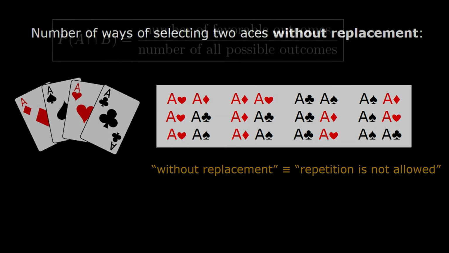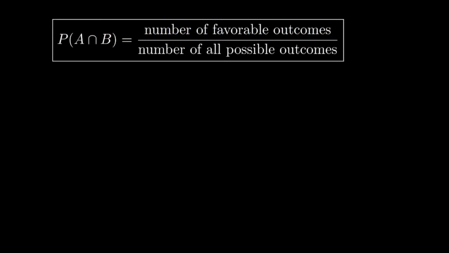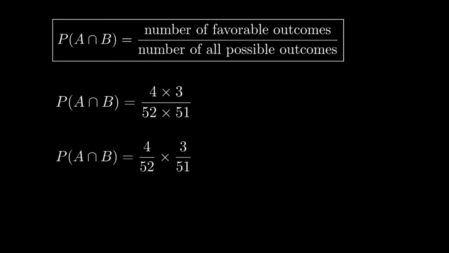So now we'll get to our actual probability calculation. The probability of getting two aces without replacement is going to be 4 times 3, the number of ways of selecting two aces, divided by 52 times 51, the number of ways of picking any two cards without replacement from a standard 52 card deck. And we can pull those numbers apart in the numerator and denominator, and see a more user-friendly way of calculating these two chained probabilities, these two different events happening in sequence.